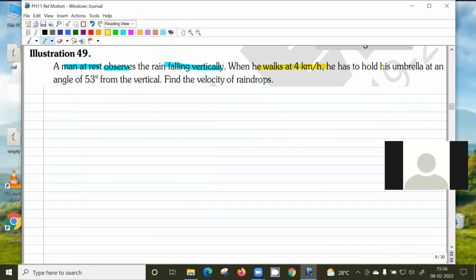He holds his umbrella at an angle of 53 degrees with the vertical. Find the velocity of the raindrop. Can you try this problem? I will try, sir.